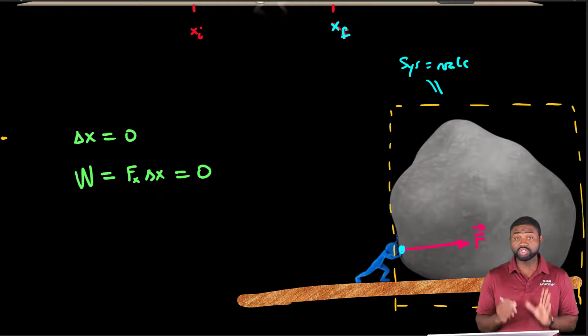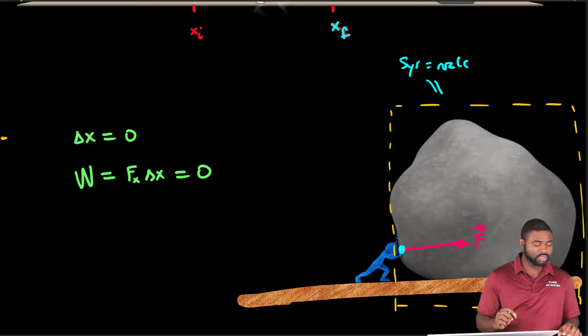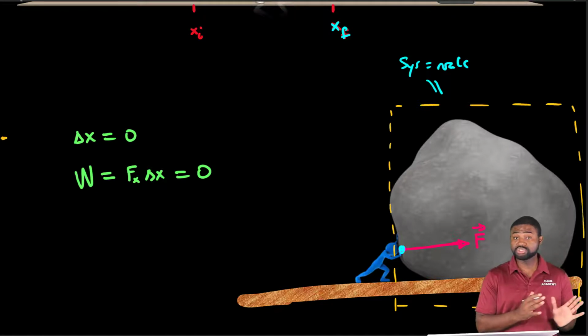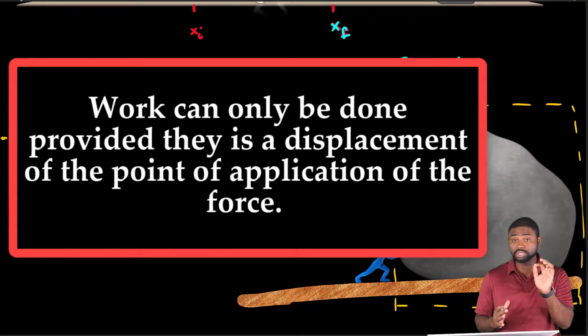In this case, no work is done. So we can definitely conclude that work is only done if there is motion. If there is no motion, then there is no work. Motion of what? The point of application of the force.